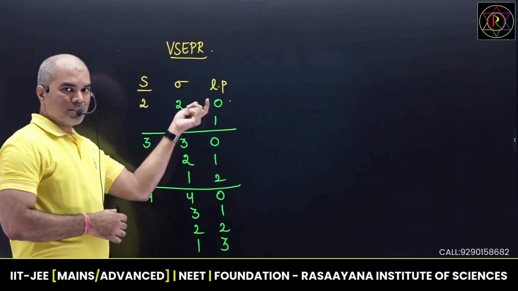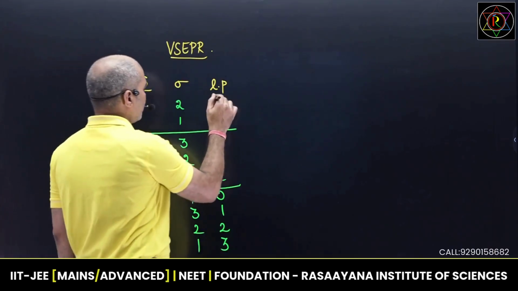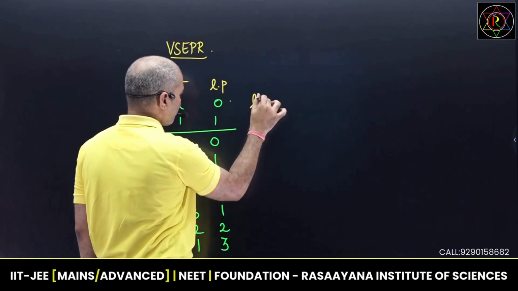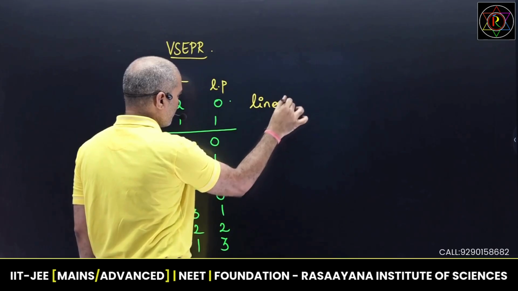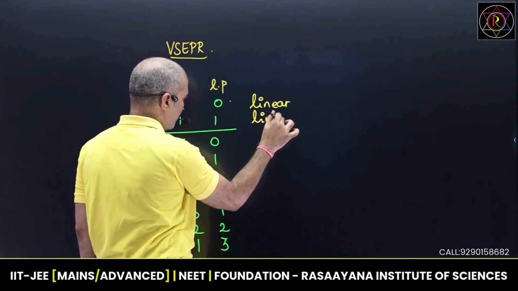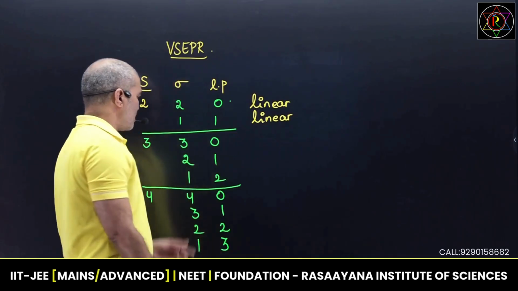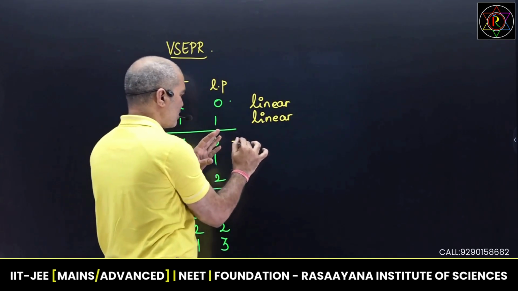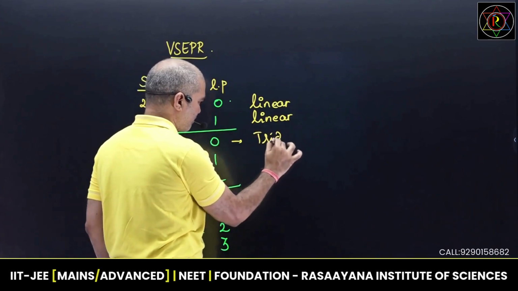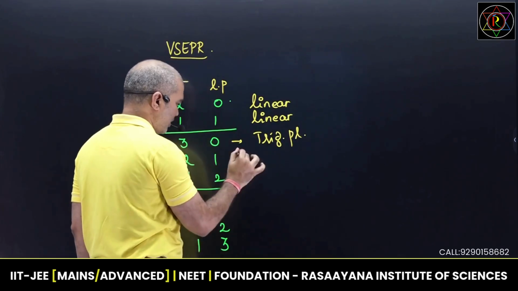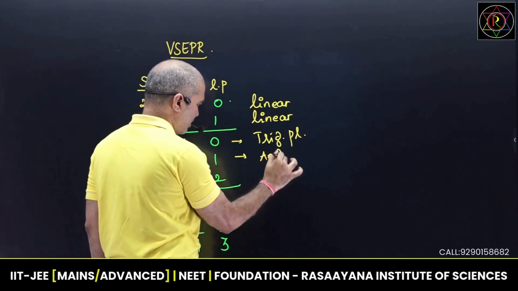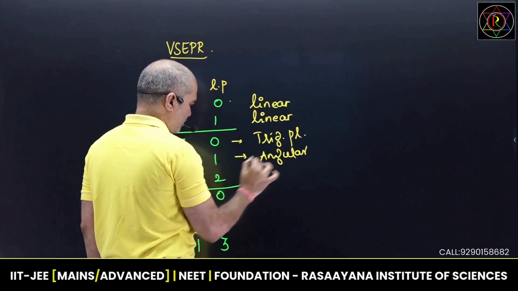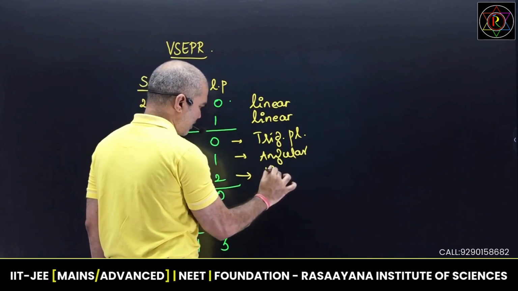When steric number is 2, the geometry will be linear. This should also be linear. For steric number 3, 3-0 combination, always just remember, it should be trigonal planar. 2-1 combination, angular or bent. 1-2 combination, linear.